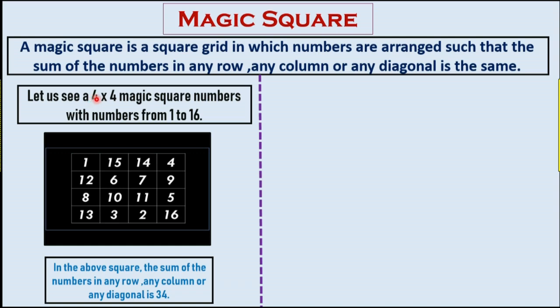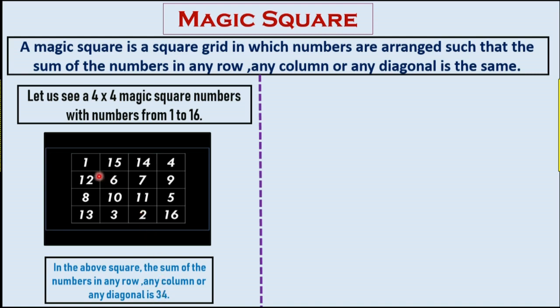In a 4 into 4 magic square, we are supposed to take only the numbers 1 to 16.